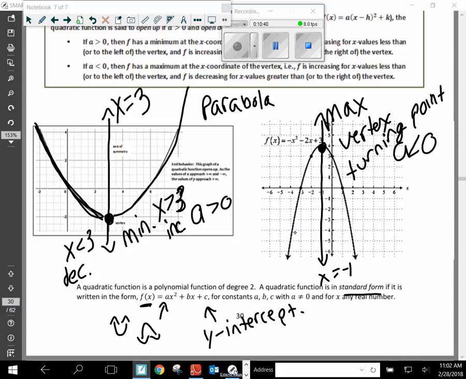When the parabola opens down like this, we call it concave down. And when it opens up, we call it concave up. So take a moment, think about all that. If you have any other questions, I'll answer them tomorrow, or you can talk to each other.